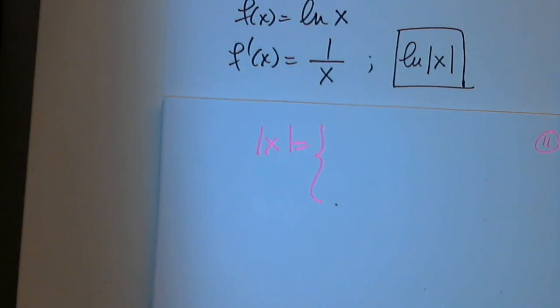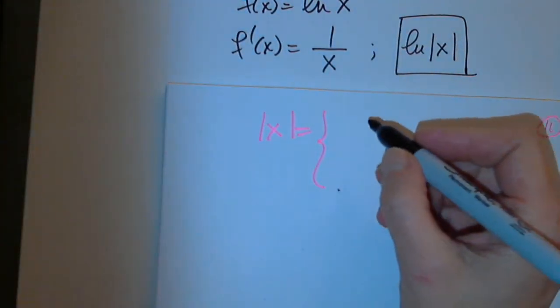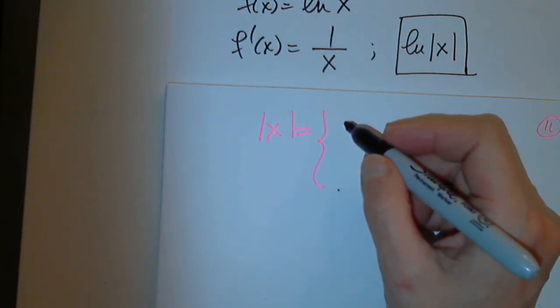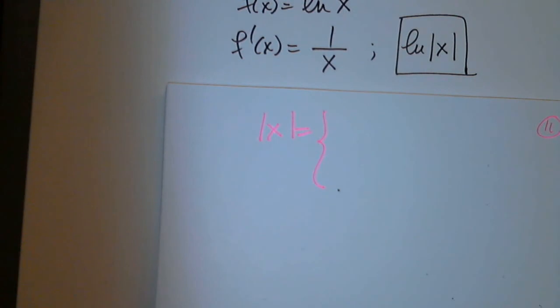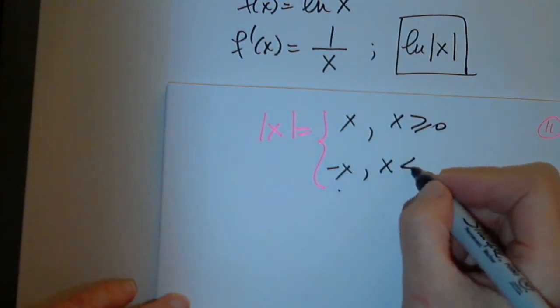So what are the options for the absolute value of x? X and negative x. Very good. For x greater than or equal to 0 and for x less than 0.